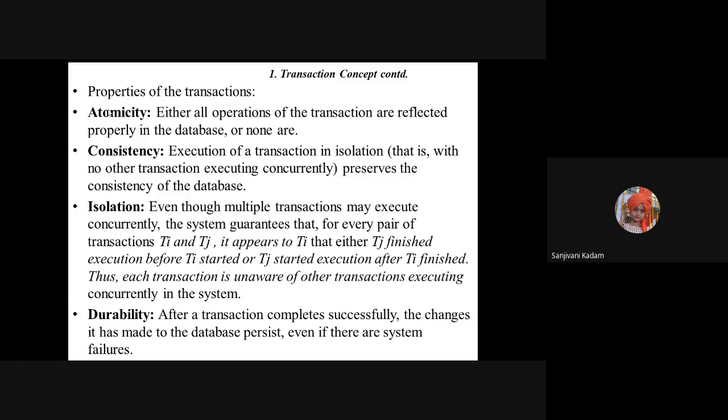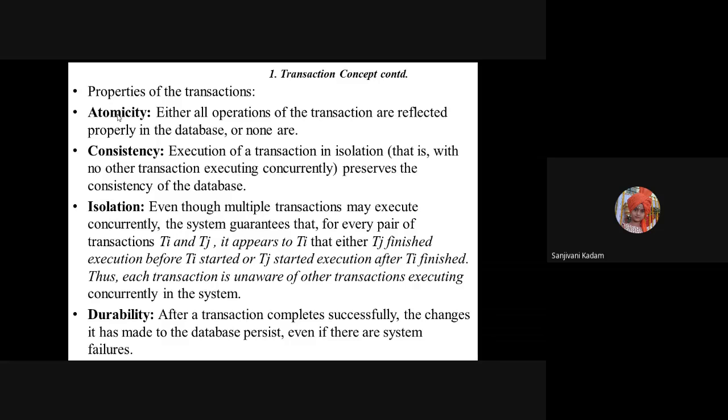But before performing the recharge, there is a transaction failure because of some reason, a server problem or any other problem. In that case, I cannot say that the transaction was completed. It means the effect of my transaction should be either before the recharge or after the recharge. It should not be in any state in between.